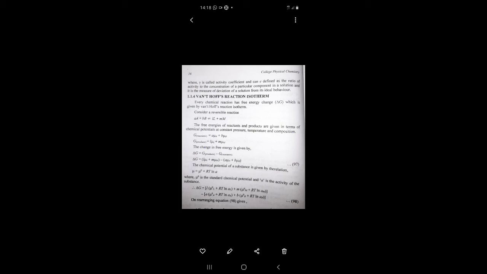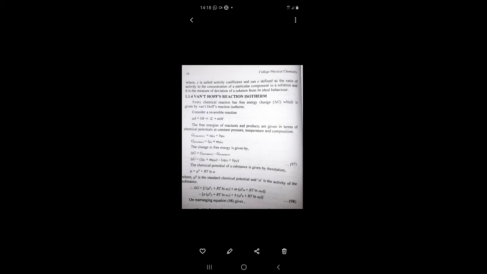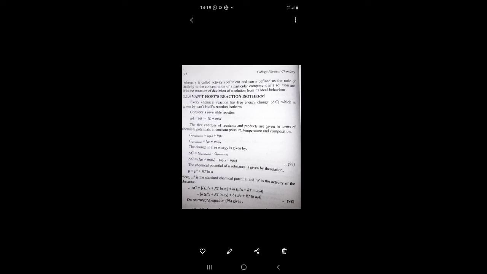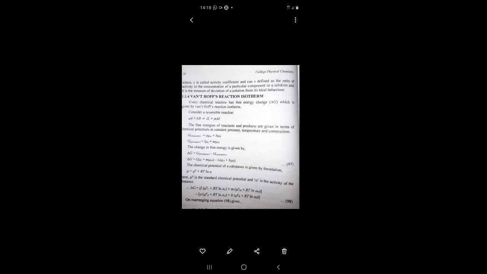That means for any chemical reaction there will be a change in free energy, denoted delta G, which can be written in the form of the Van 't Hoff reaction isotherm. So consider a reversible reaction: aA plus bB gives lL plus mM.